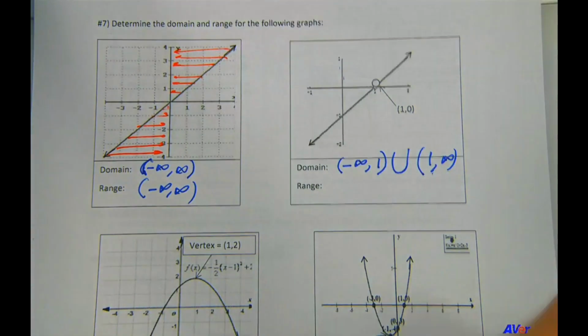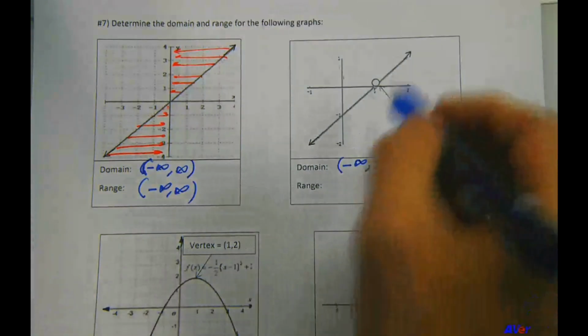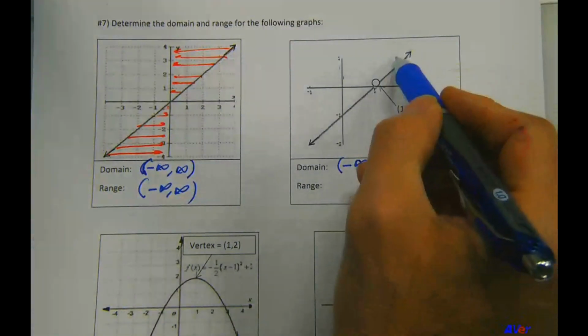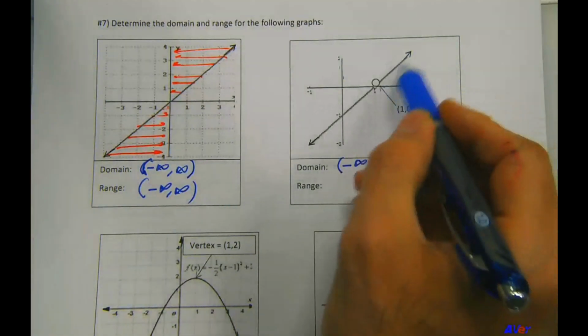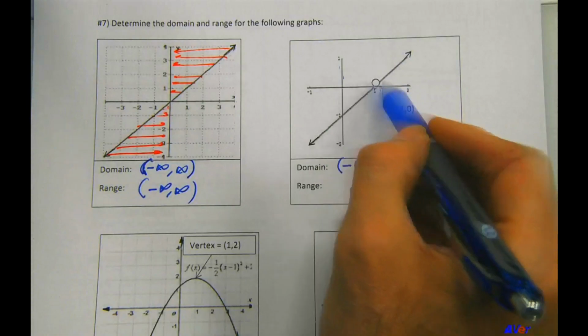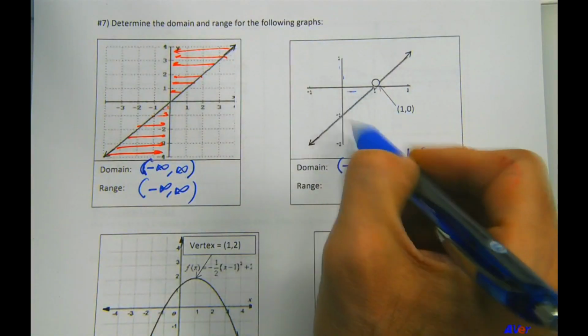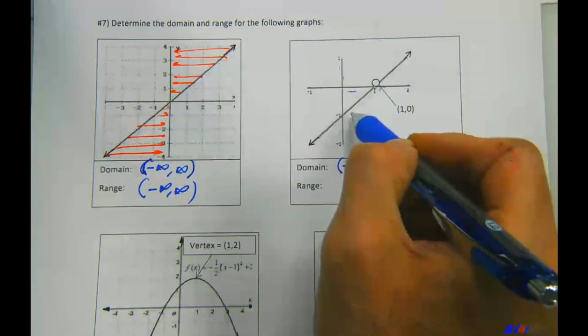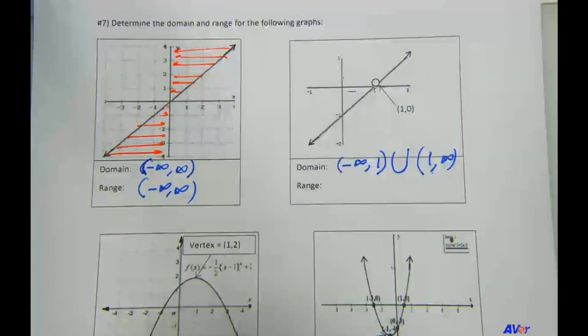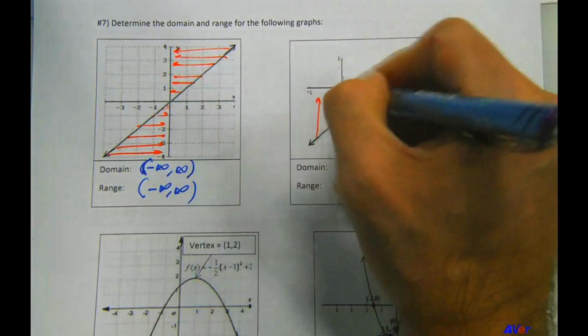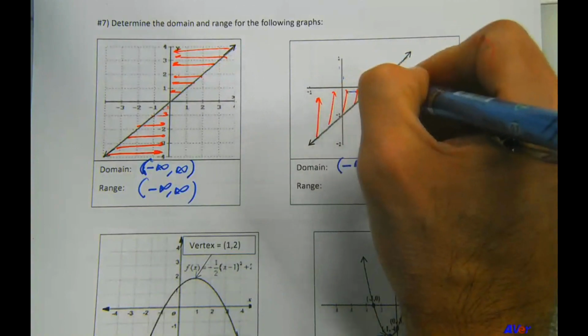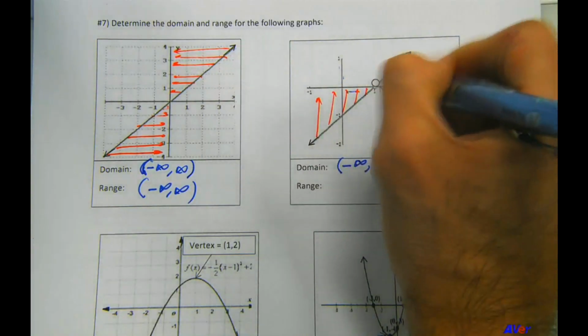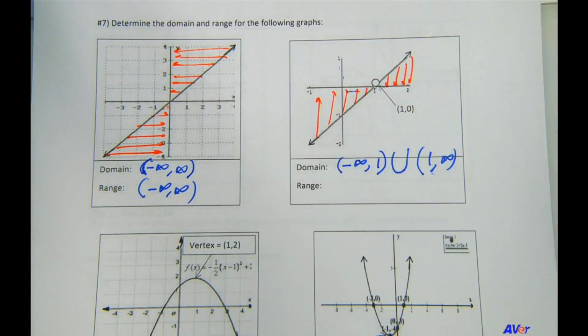Okay? All right, so the range. For the range, we need to focus our attention on the behavior of this line with respect to the y-axis. With respect to the x-axis, we already did that, and it couldn't attain the 1, but it could attain everything else.